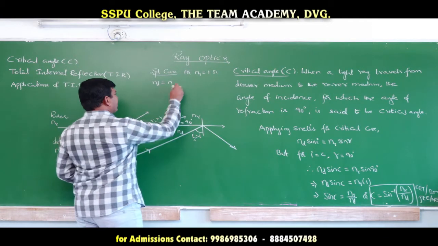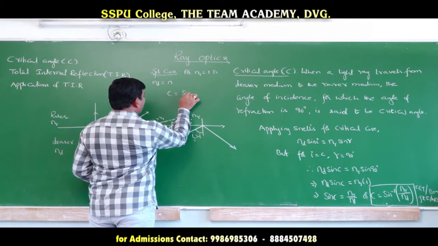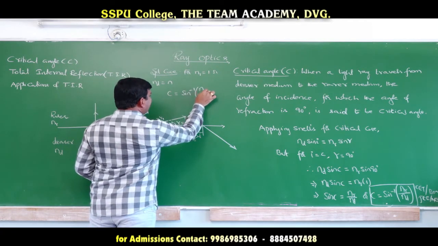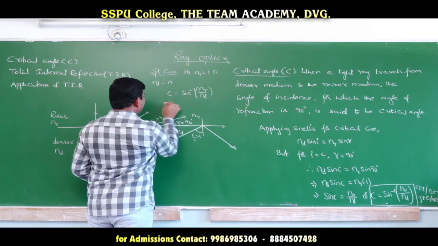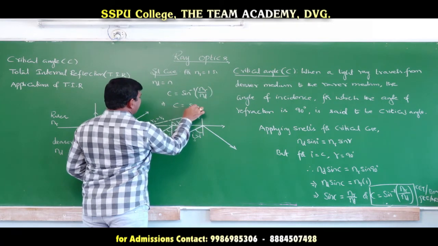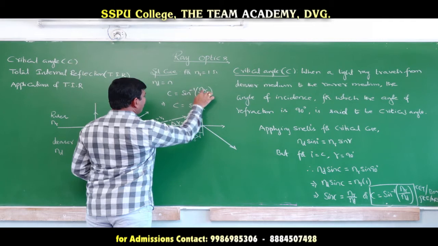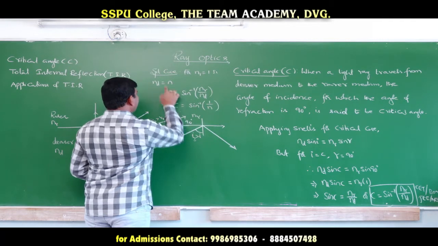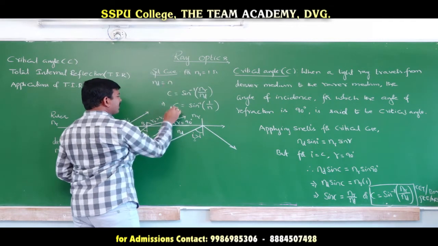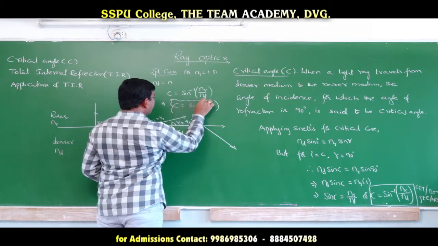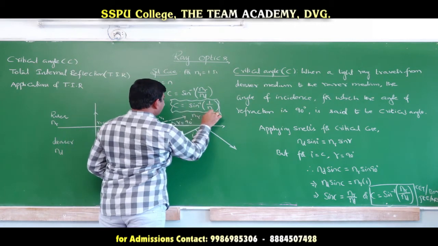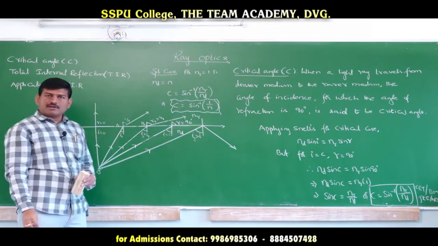Then C is equal to sin inverse of 1 by N. This is the most commonly used formula.